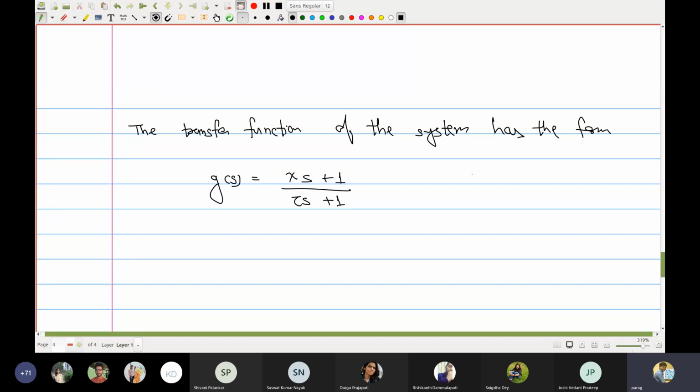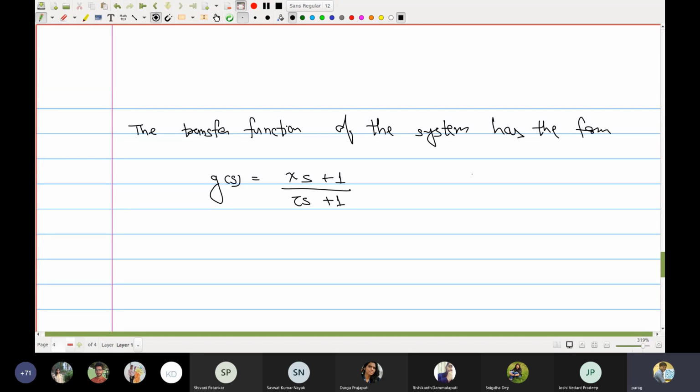Till now you have encountered situations where you had the system order as 2 1, but in this case you have a 1 1 order system where the denominator and the numerator are both first order because they are polynomials of first degree.